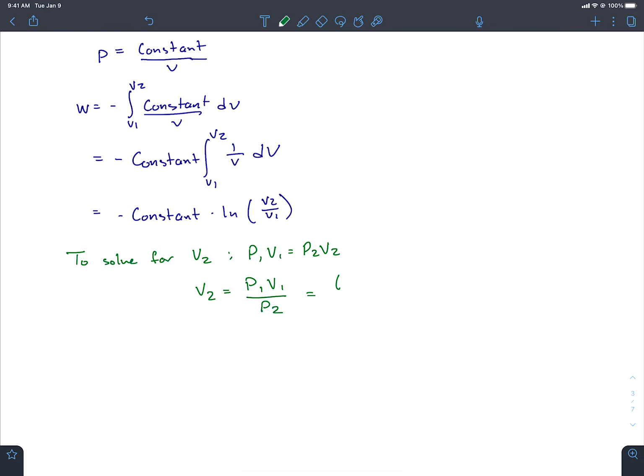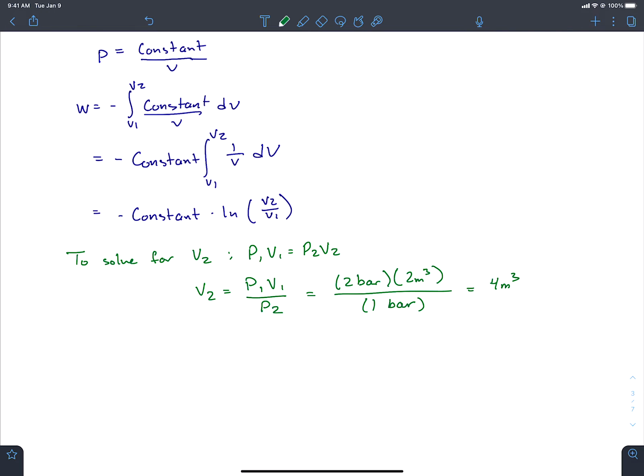And then putting this back in, we have 2 bar times 2 meters cubed over 1 bar. Notice I didn't change the units of pressure because the units of pressure will inevitably cancel out.